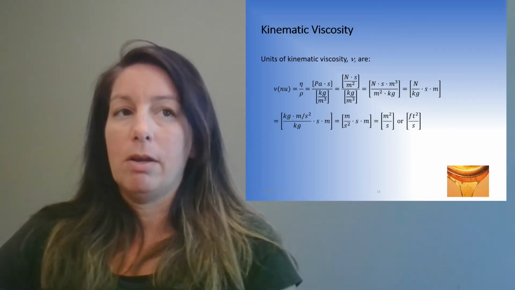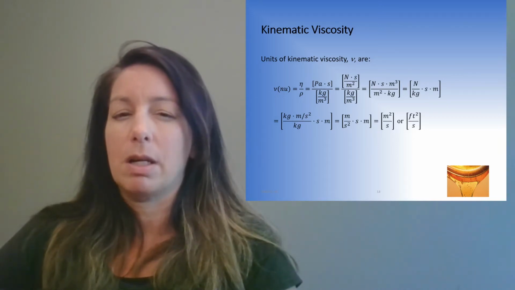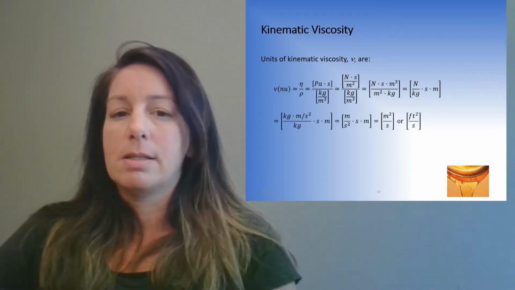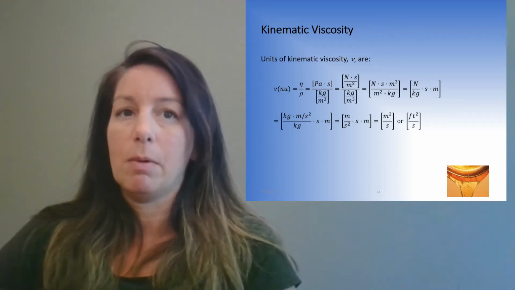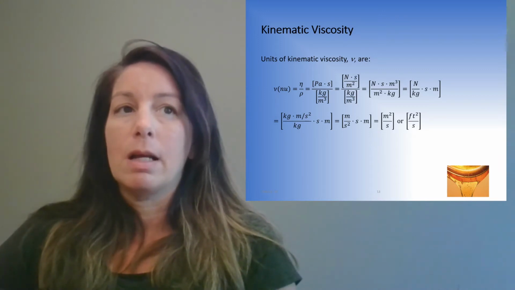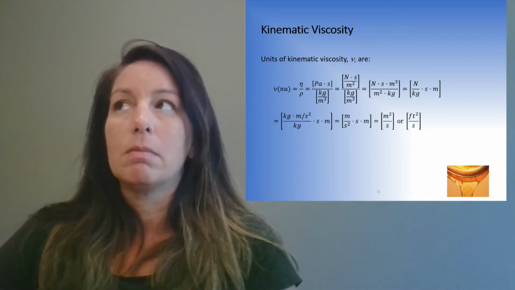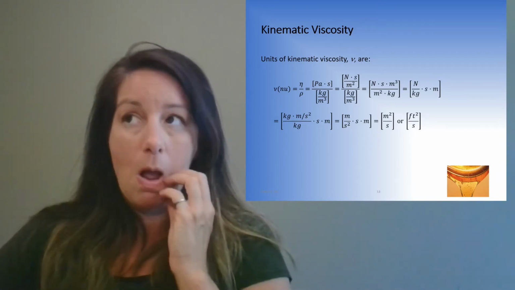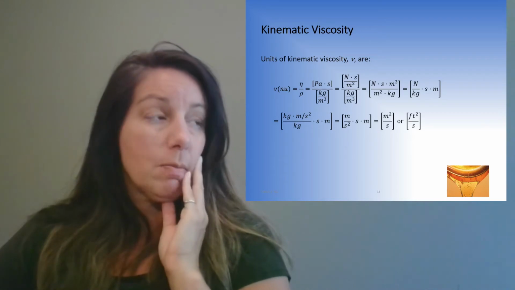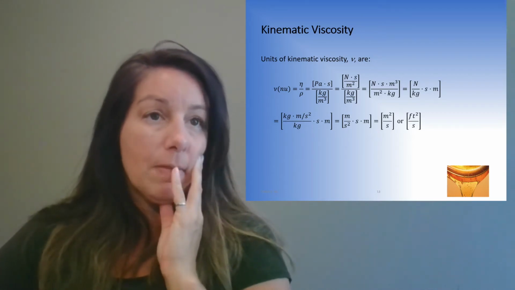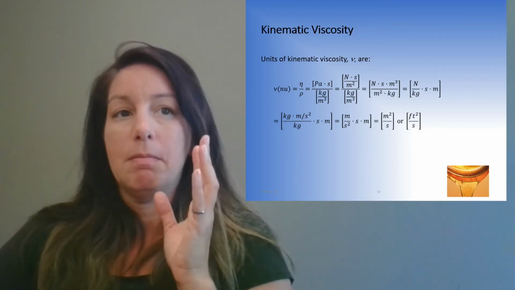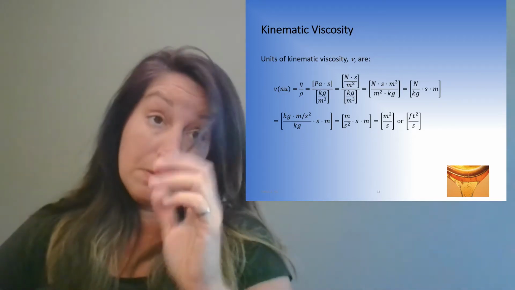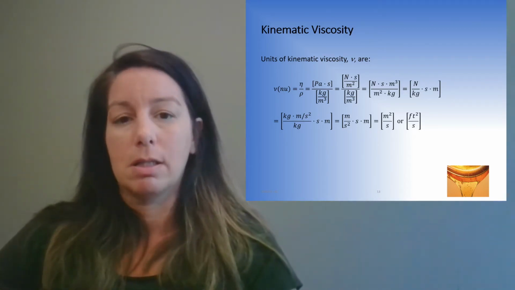Rearranging it all, and you get these newtons per kilogram second meters. Keep going. A newton is a kilogram meter per second squared. Force equals mass times acceleration. There it is. So you just keep going, and we eventually get to meters squared per second. Fun times, or square foot per second.